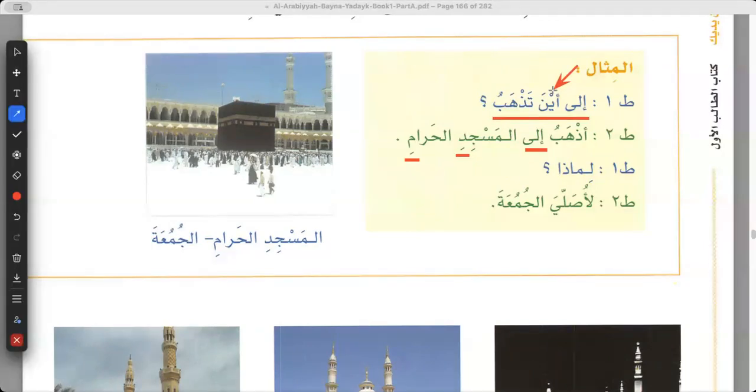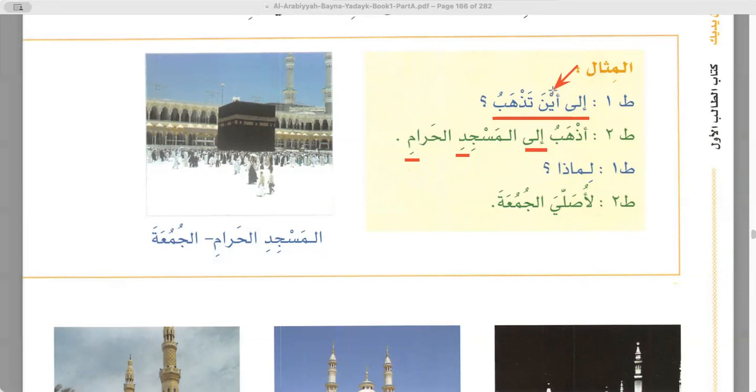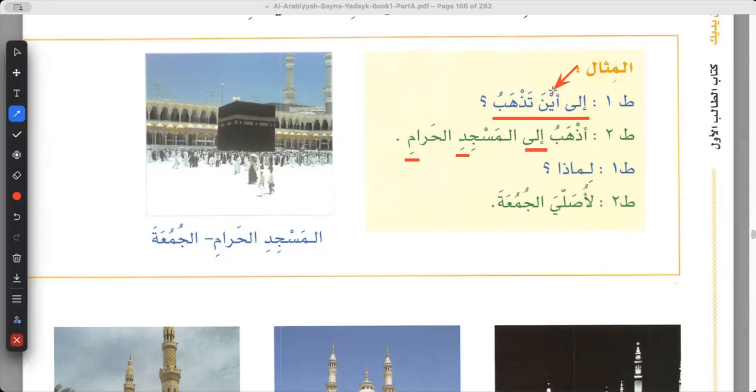So it's not a noun per se. And at the same time, it is mabni. Wherever you see aina, it will never change. Aina will remain aina, whatever comes before it. Unlike the normal nouns that can take dhamma, fatha, and kasra.